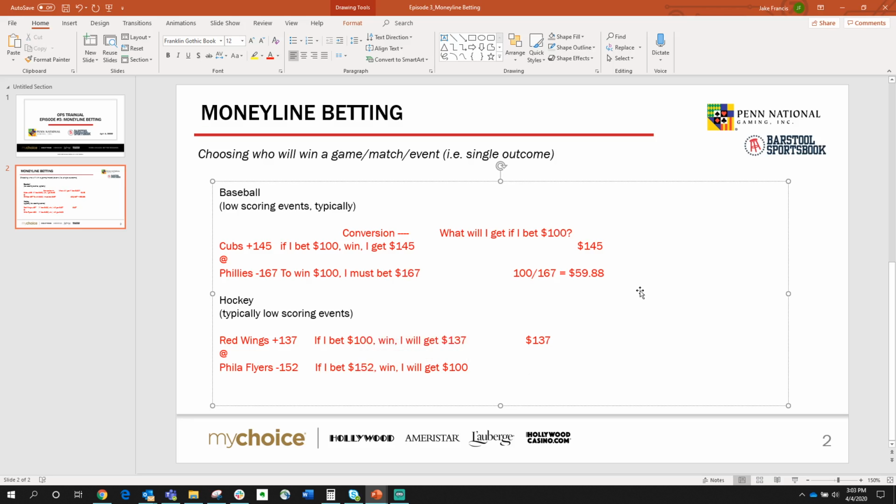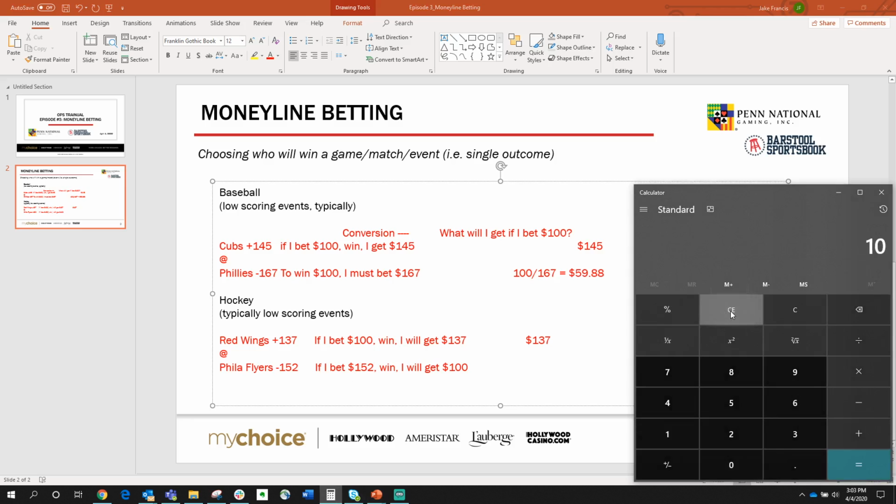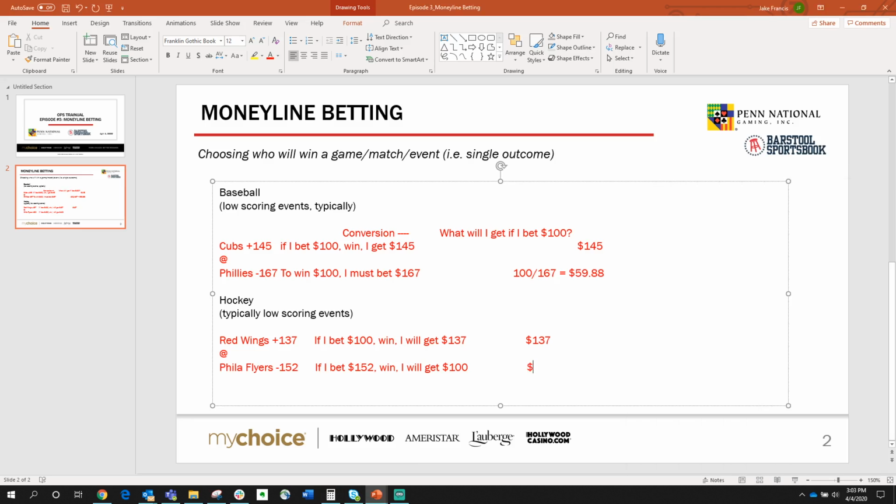Right? So that's 100 divided by 152. So really 65.79. So if you want the Flyers to win, you're going to bet $100 to get $65.79 profit, and if you want the Red Wings to win, you will bet $100 to win $137.